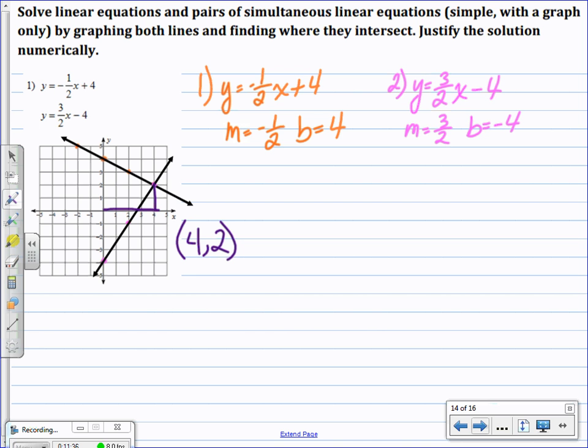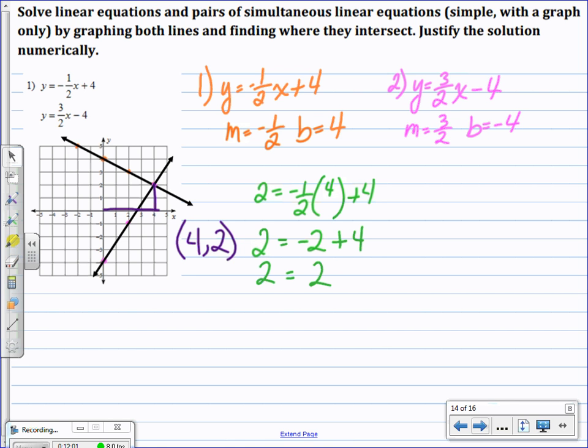I do need to check that, however, so in we go. So y is 2, and that has to equal -1/2 times x, which is 4, plus 4. -1/2 of 4 would equal -2 plus 4 equals 2. So 2 does equal 2.